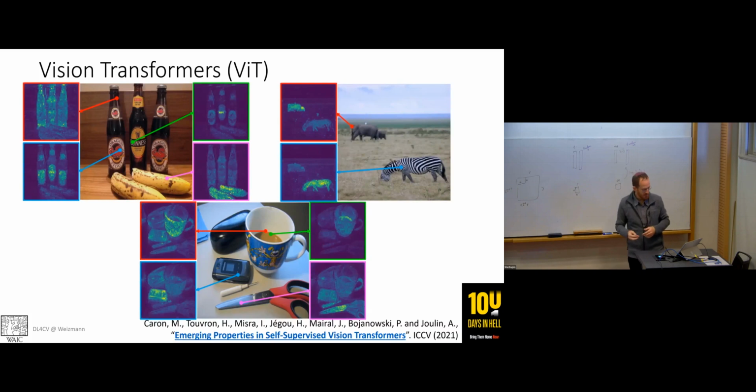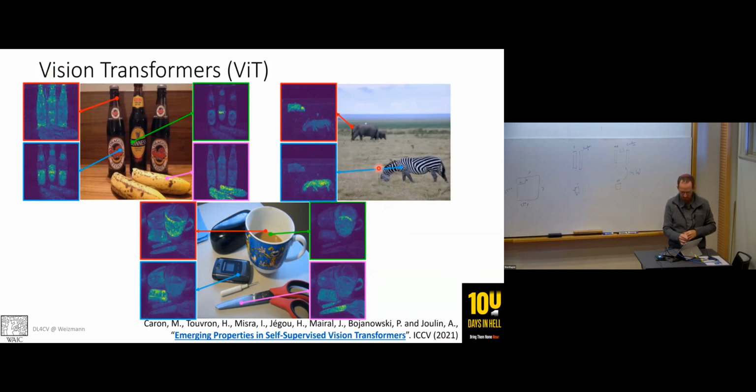So for instance, if we take this image of buttons and we look at this patch in the image, and we ask ourselves, what is the attention map that corresponds to this patch? How does it attend to all other patches in the image? And we see that it actually attends to the labels of the buttons. And if we look at the banana patch, it attends more to the bananas, and a bottle patch attends to the bottles.